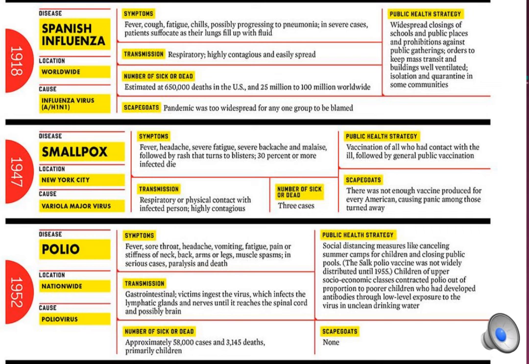More people died during the Second World War of Spanish influenza than they did from the conflict itself. 25 million to 100 million deaths worldwide. 1947, smallpox, a smaller outbreak in New York City. 1952, polio was a nationwide outbreak in the United States.